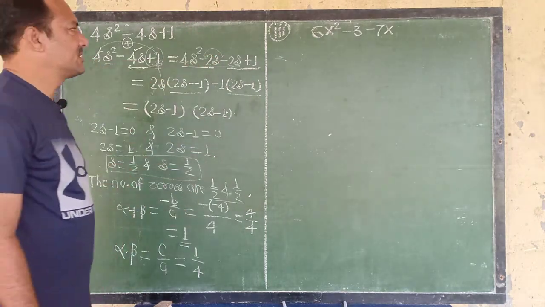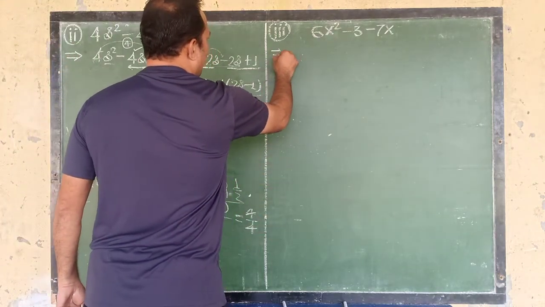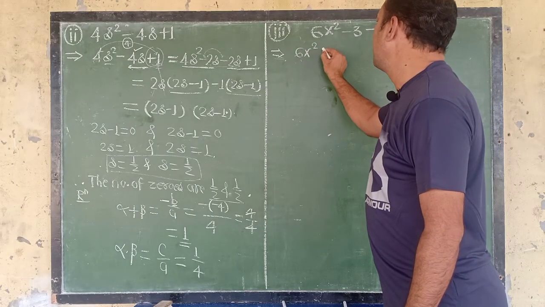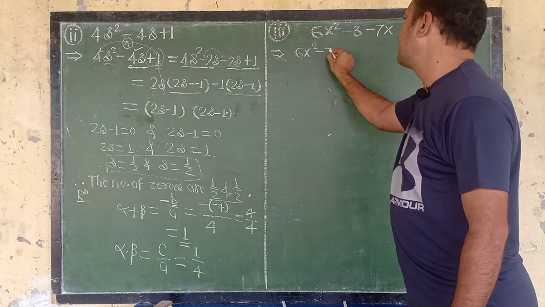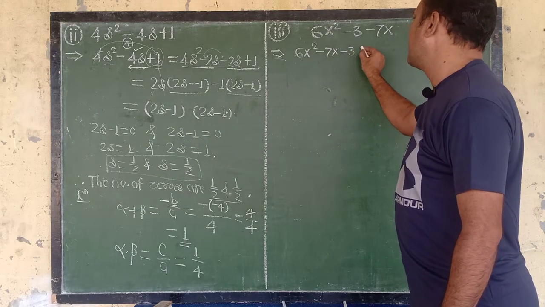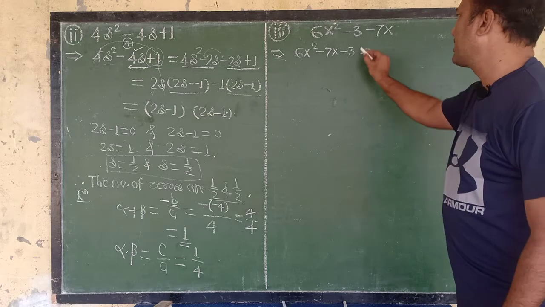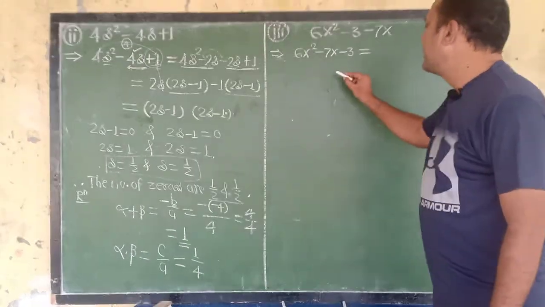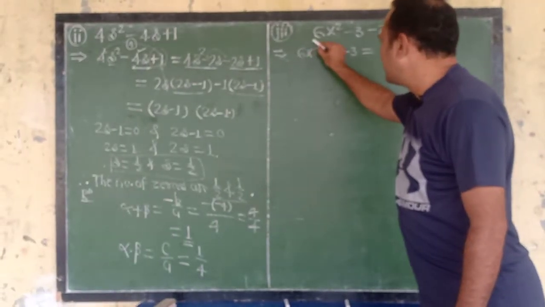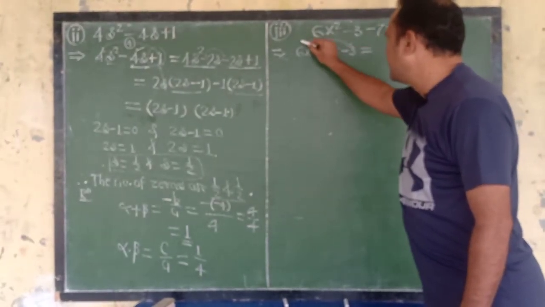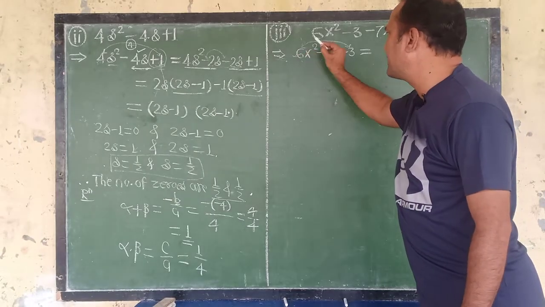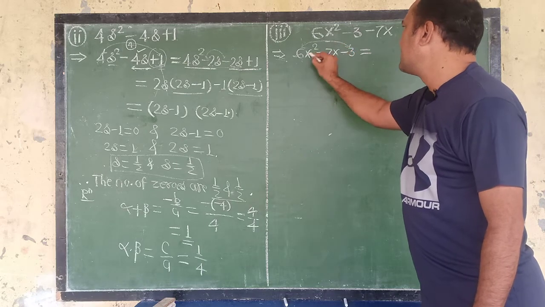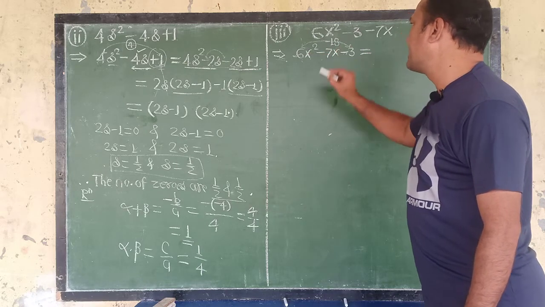Similarly, we have this one: 6x square, arranging this one, minus 7x minus 3, because when the constant is given, we always write the constant at last. Then look, we have to multiply the coefficient of x square with the constant: positive, negative, negative, 6 3s are 18, then minus 18.